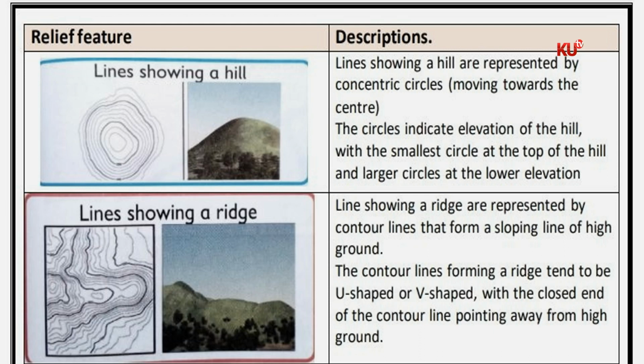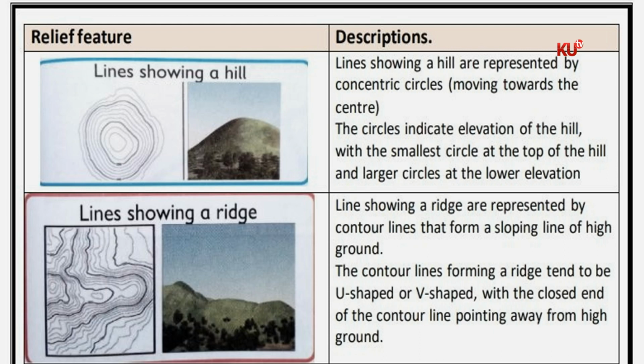The second one, lines showing a ridge. Lines showing a ridge are represented by contour lines that form sloping lines of high ground.